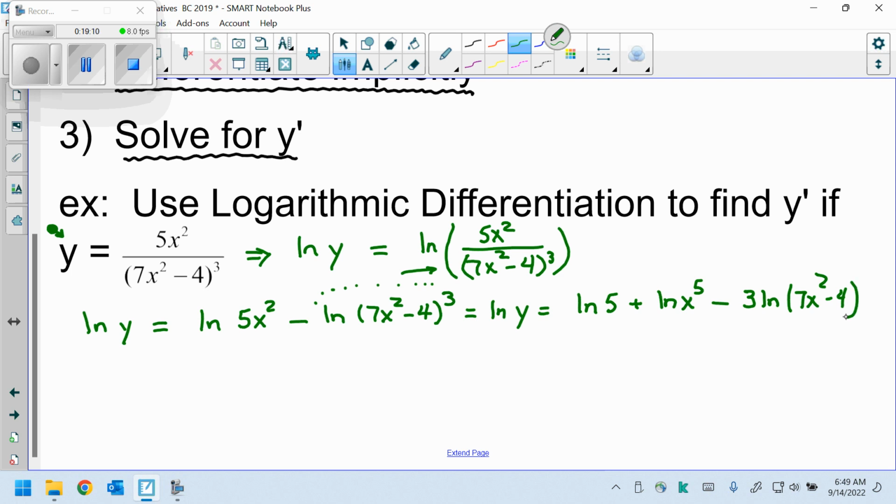So the beauty with natural logs is you can really break this side apart and find the derivatives of some simpler terms.